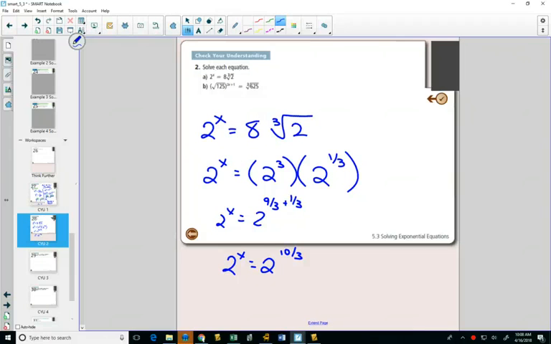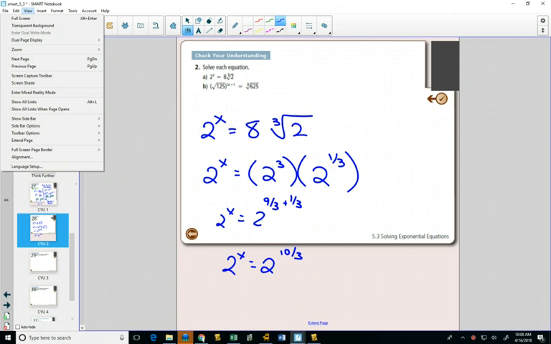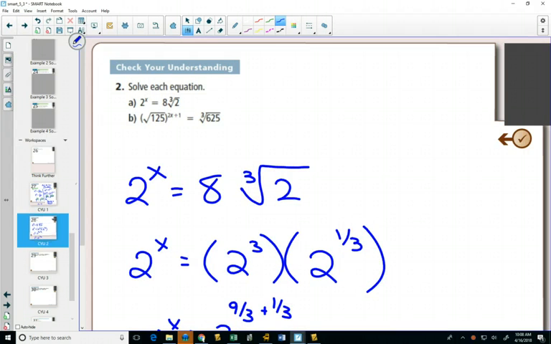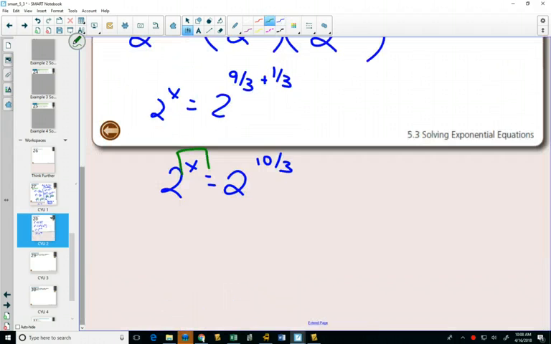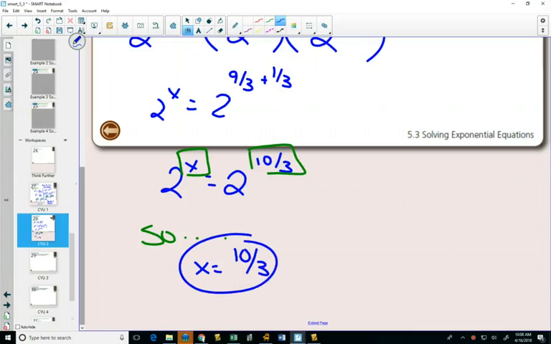And I get 2 to the 10/3. And once I have 2 to the 10/3, that means x has to be 10/3.